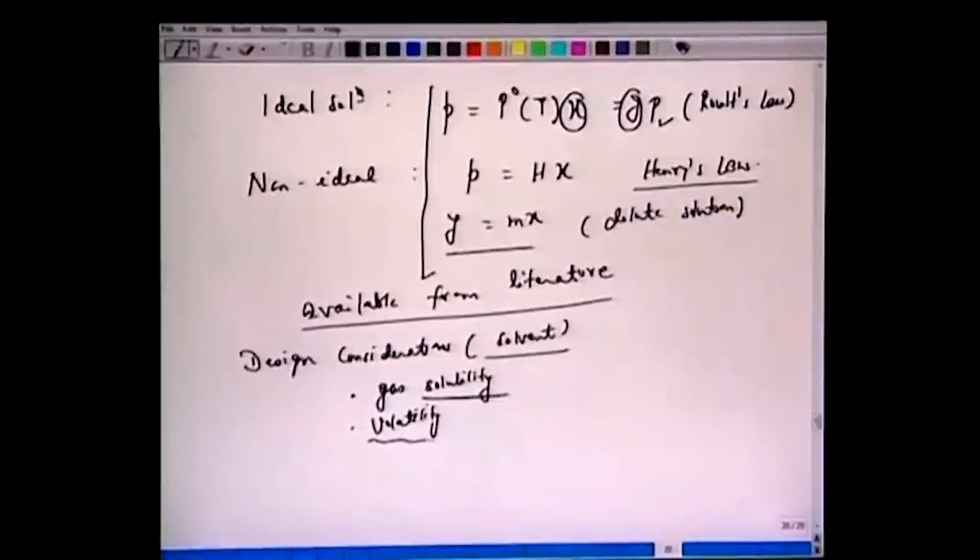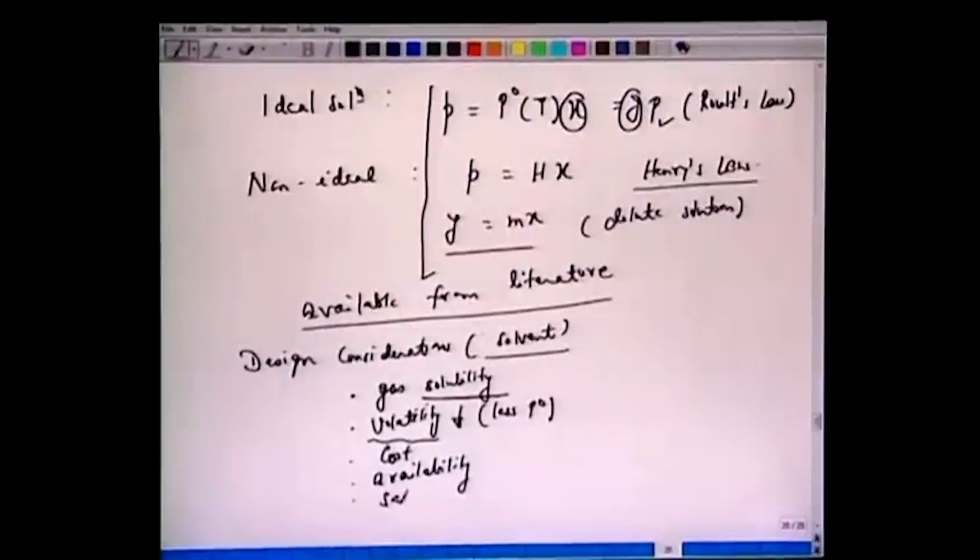We do not want our solvent to have very large volatility. We do not want to waste the solvent, so it should have less volatility, or we can say less vapor pressure. It should not be very expensive, so cost consideration is another. Availability: it should be readily available.